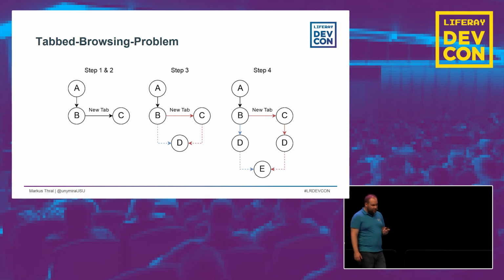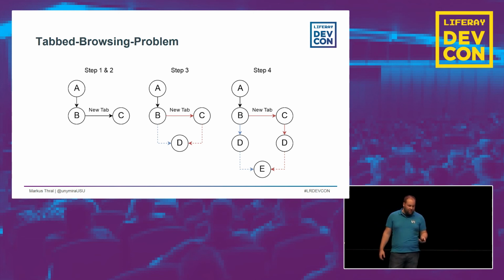We cannot say which was the source of the navigation step. It could be B, it could be C. If you use the header referrer again, we can say it easily. And for example, it's B. It stands in the referrer where the navigation request comes from.